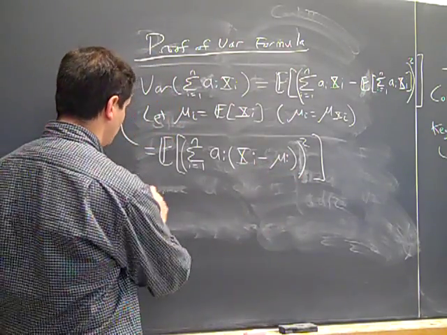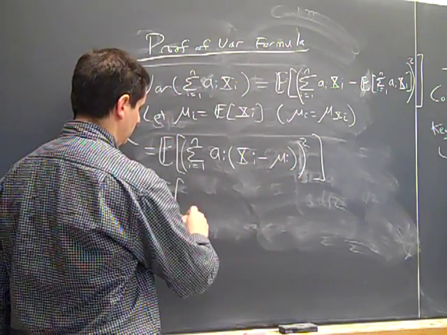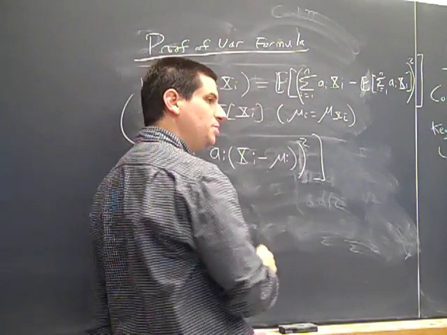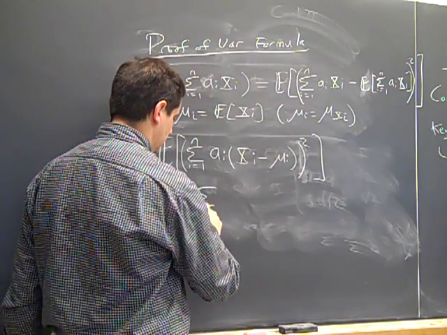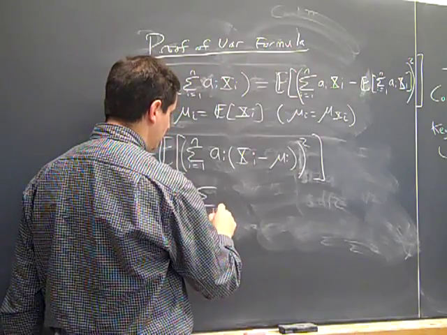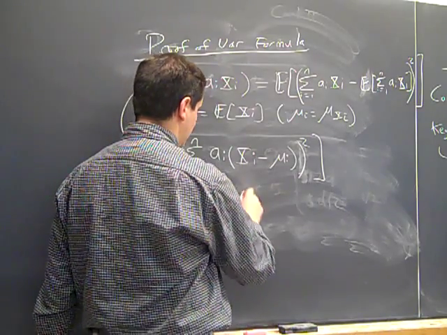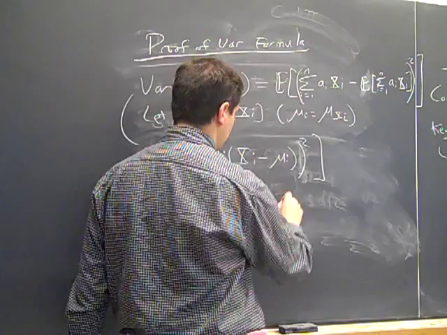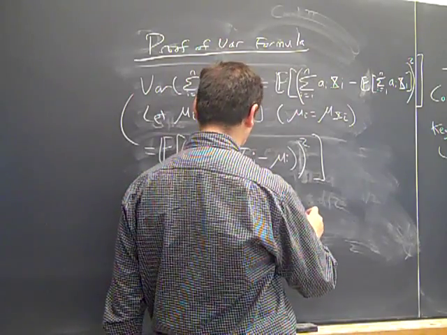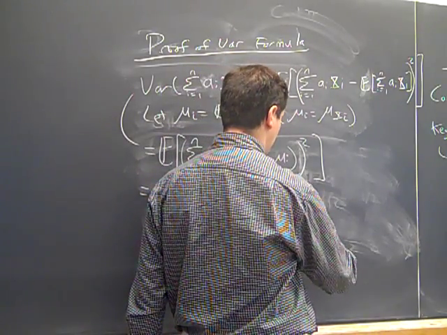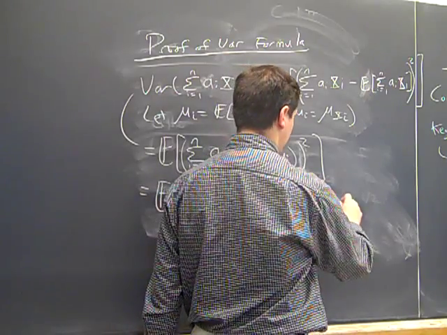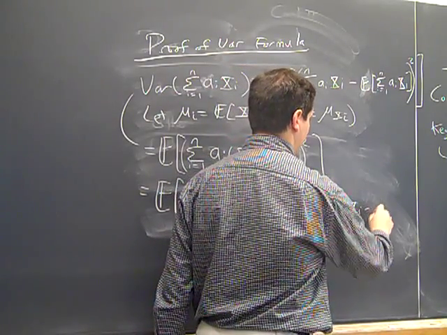When we expand out the square, we're going to be a little bit careful. I have this thing and I multiply it by itself. Tell me if this is right. I have the sum i goes from 1 to n of ai xi minus mu i times the sum i goes from 1 to n of ai xi minus mu i.